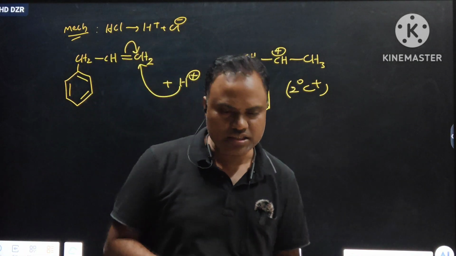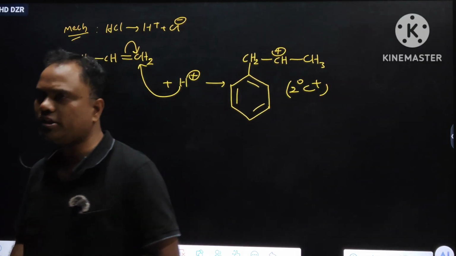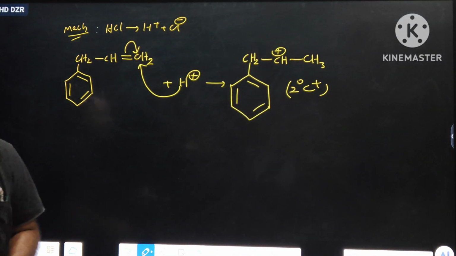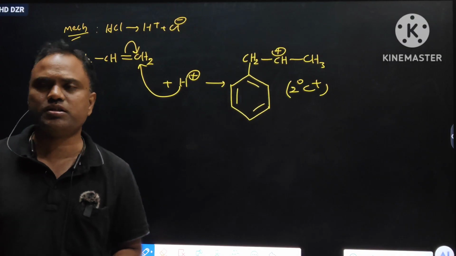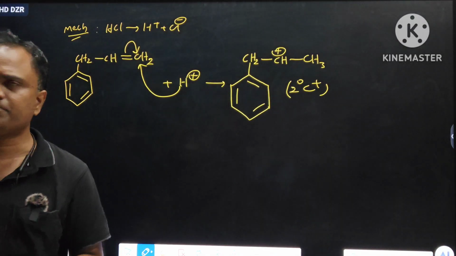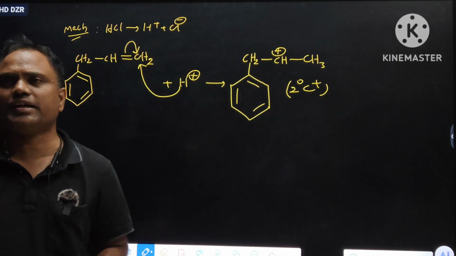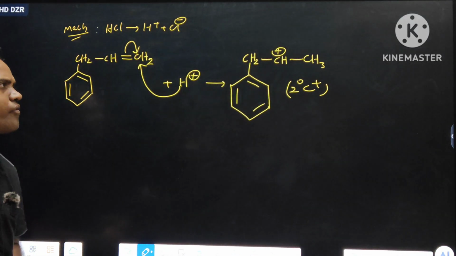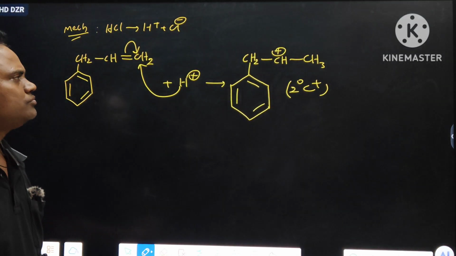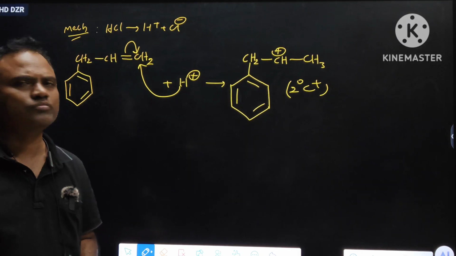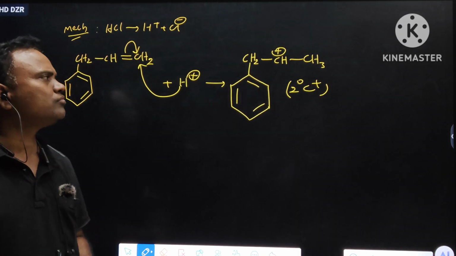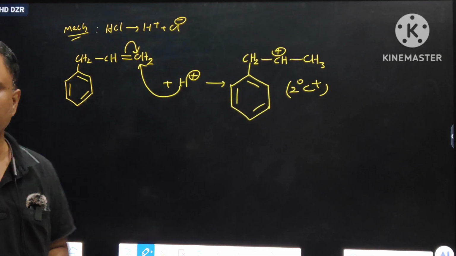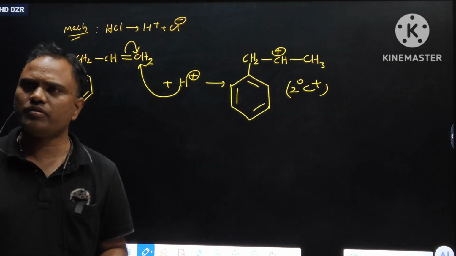Is there any necessity to do the rearrangement here? Will we get a higher degree carbocation or the same degree? Can you try? Secondary. So is there any necessity to do the rearrangement? Again you are getting 2 degree.